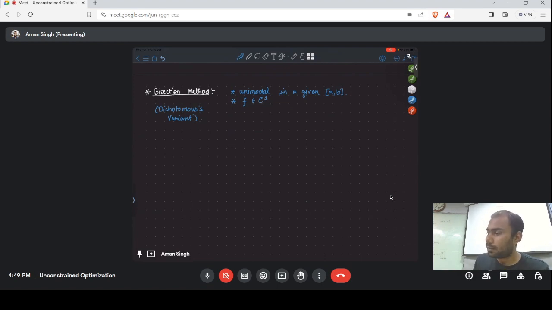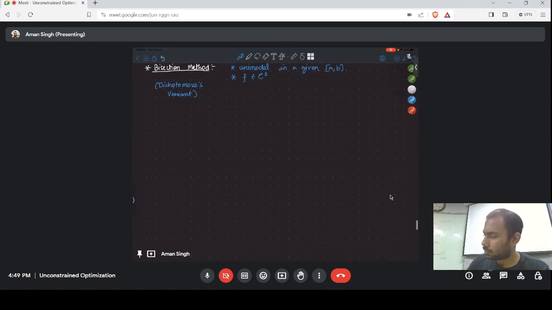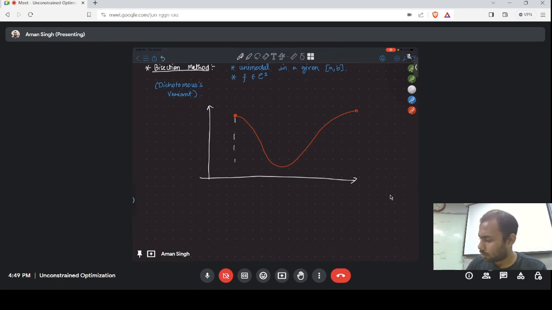Okay, and the idea behind this is, let's say I have a curve. I find the midpoint and see the derivative at this point, that is f dash c.